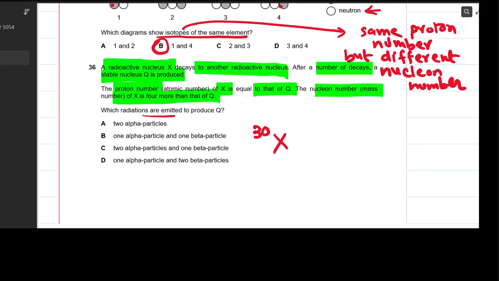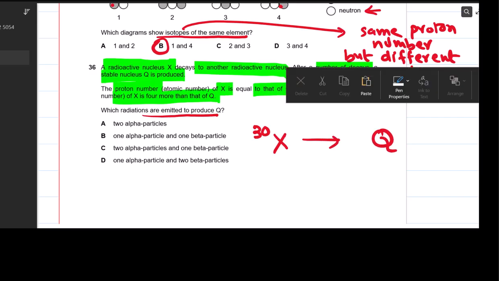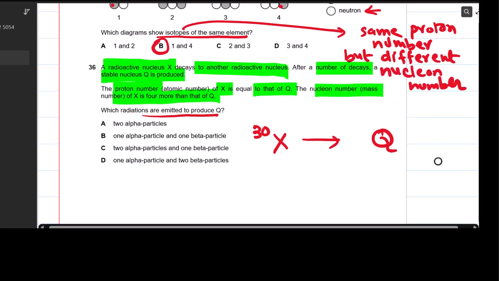So X is actually changed to Q, and Q is having nucleon number less than 4, so it will be 26.